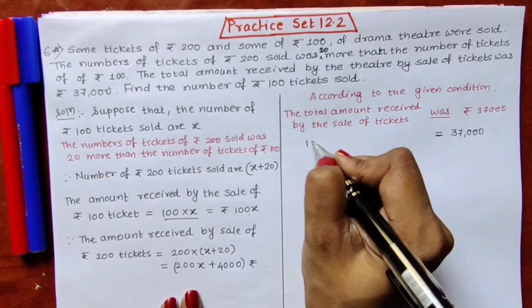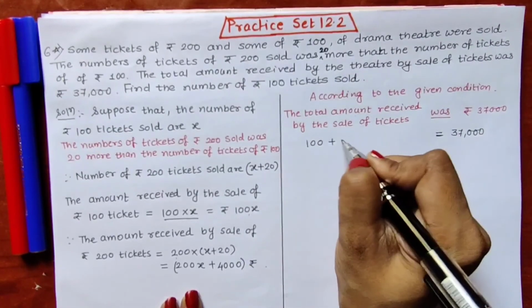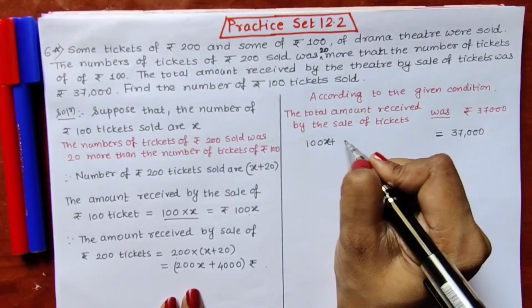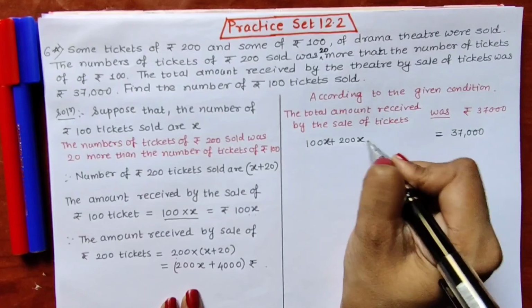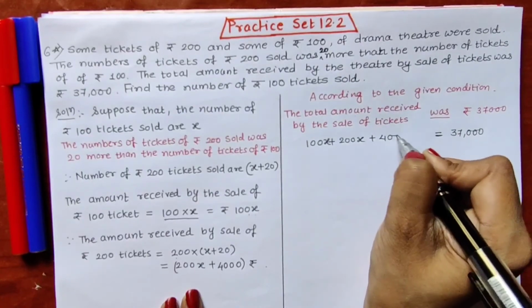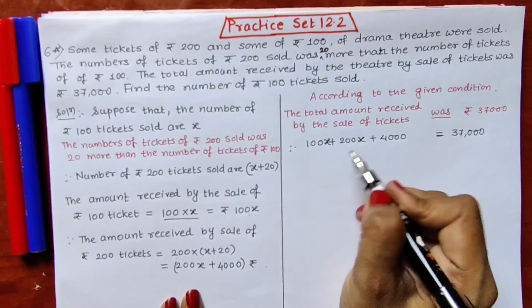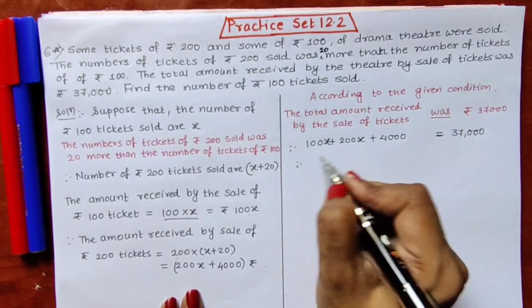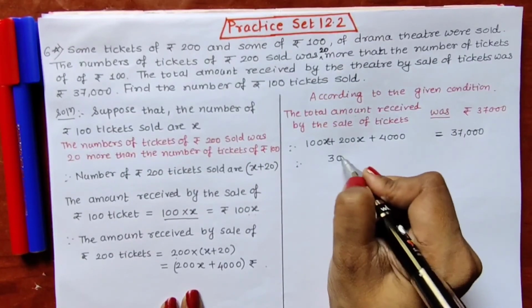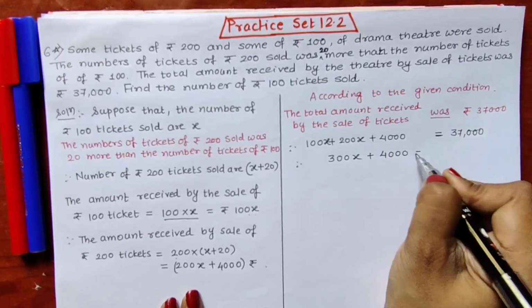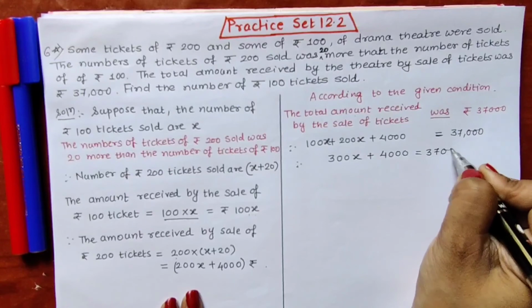So we will be adding 100x plus 200x plus 4,000. These both are x terms, like terms, they can be added. 100x plus 200x will be 300x plus 4,000 is equal to 37,000.